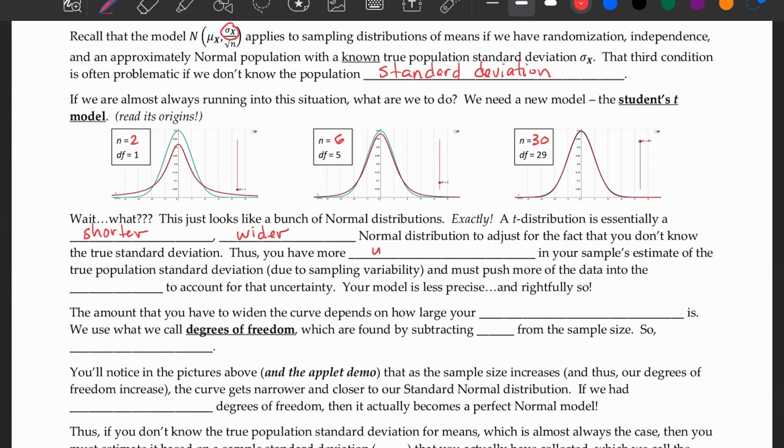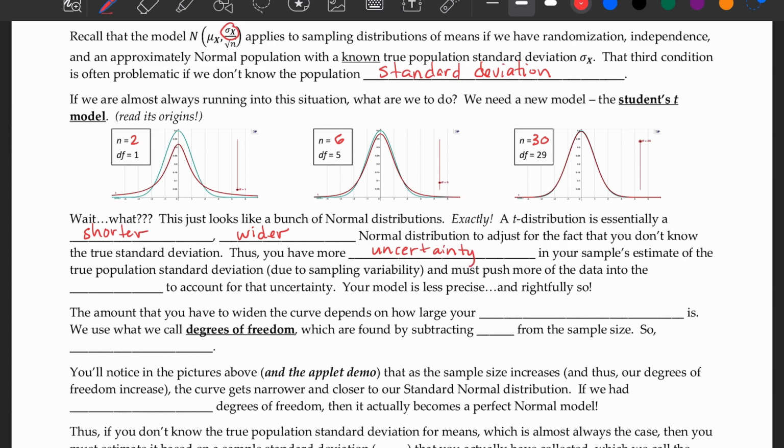Thus, you have a little more uncertainty in your sample's estimate of the true population standard deviation, because you're using the sample's standard deviation as a replacement for the population standard deviation. It's possible that they are very, very close to each other, but it's also possible your sample maybe had an outlier or something that really might mess with things.